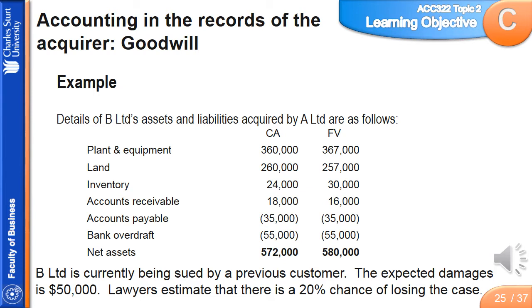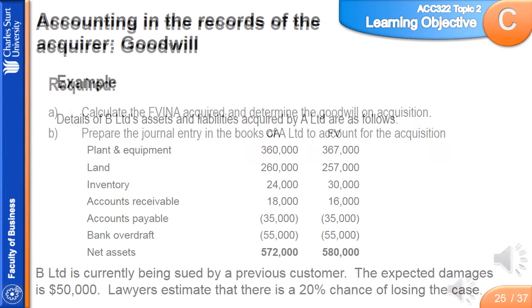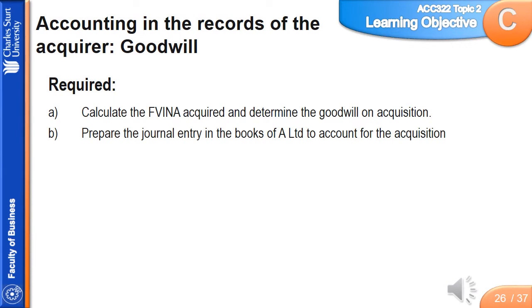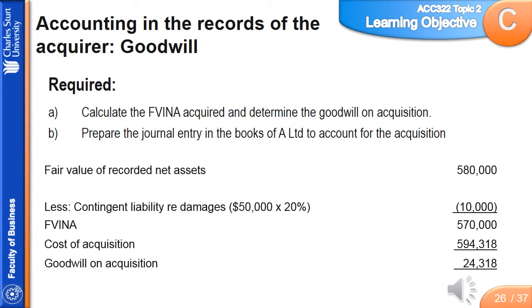That would be considered a contingent liability, so it wouldn't be included in the accounts prior to acquisition for the acquiree B. So within the business combination, we'd need to recognise that amount. So we've been required to firstly calculate the fair value of identifiable net assets acquired and determine the goodwill on acquisition, and then to prepare the journal entries in the books of A Limited to account for the acquisition.